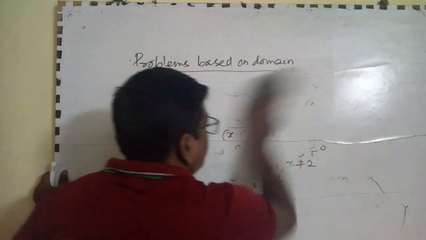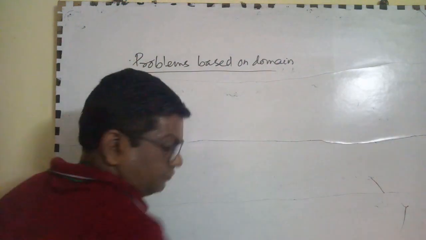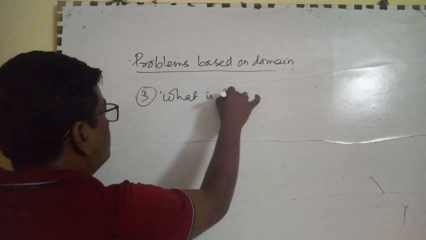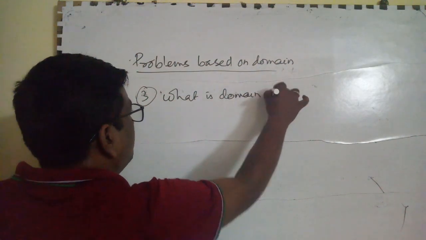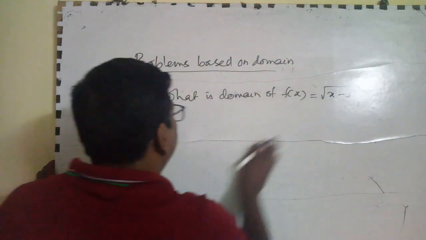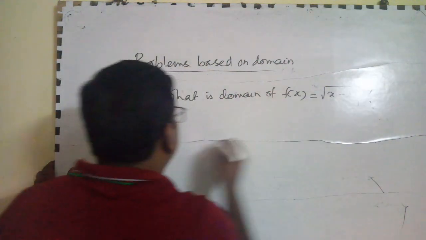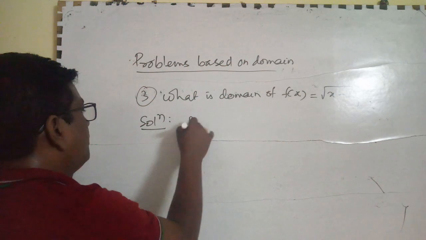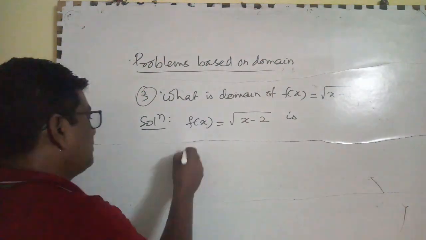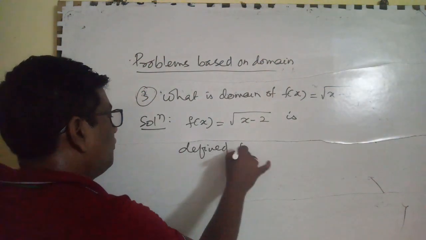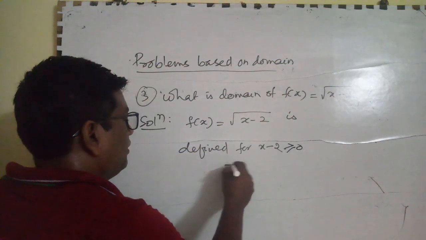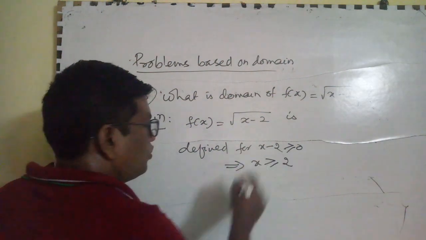Question number 3. What is the domain of f of x is equal to root over x minus 2? Solution: f of x is defined for x minus 2 greater than or equal to 0, which implies x greater than or equal to 2.